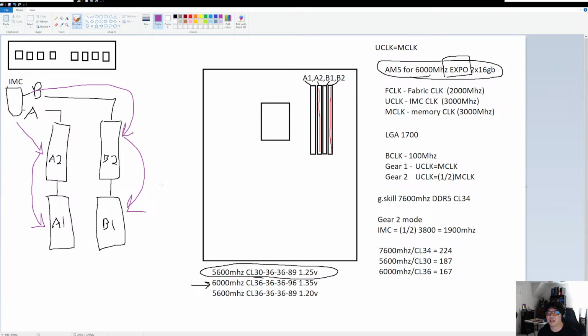I don't doubt that you can do single rank 64 gigs. It's just I haven't really heard of anybody that has a kit of RAM that is single rank and also 64 gigs. But that would be ideal.